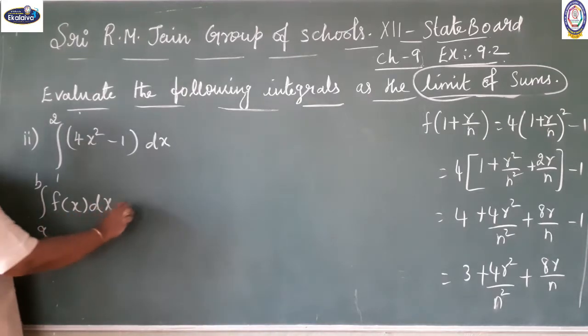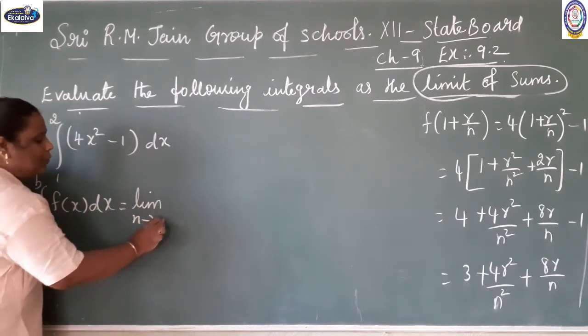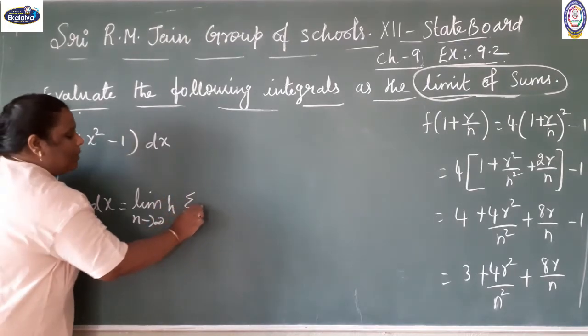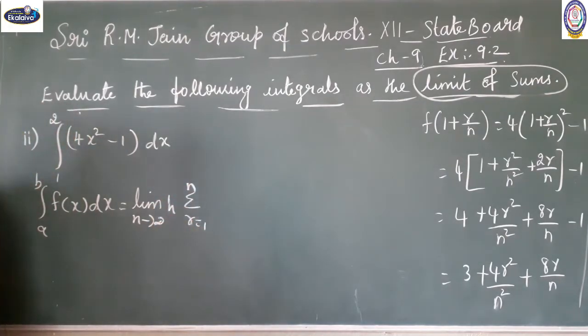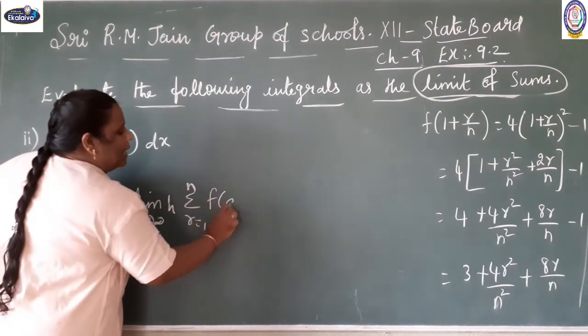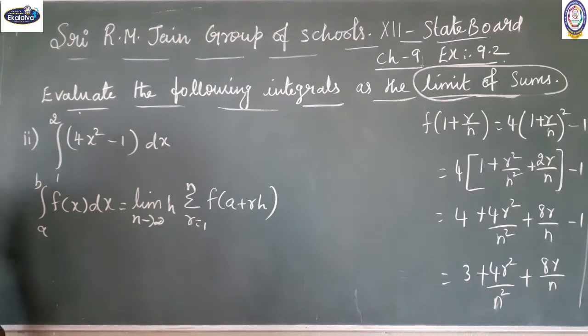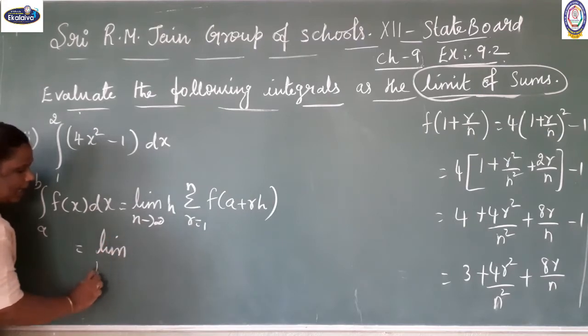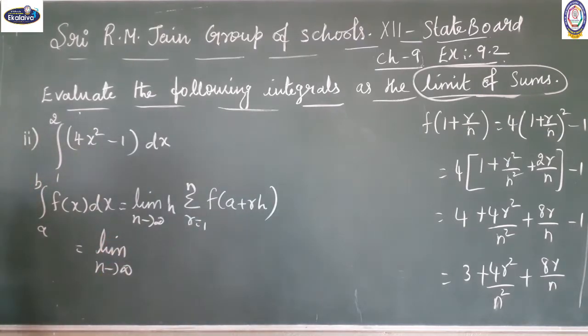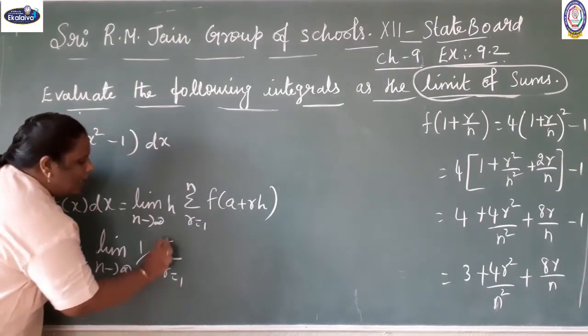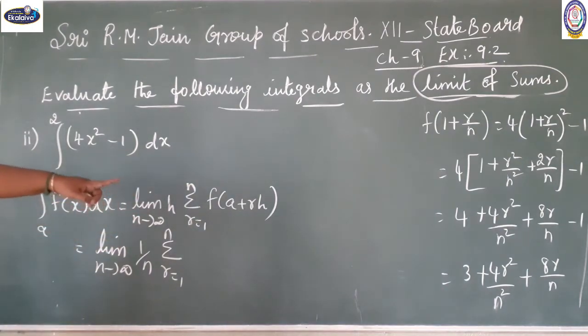So integral a to b f of x dx equals, what is the formula? Limit n tends to infinity, h, sigma r equal to 1 to n, f of a plus rh. So it gives limit n tends to infinity, h, and the value of h here is 1 by n, sigma r equal to 1 to n, f of a plus rh, which means f of 1 plus rh.